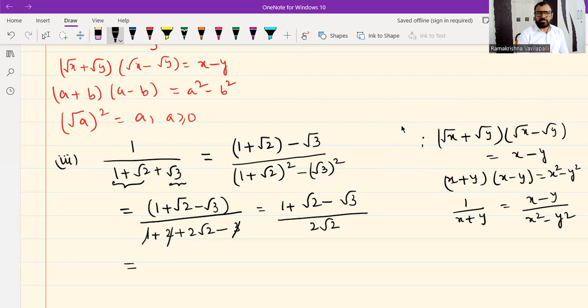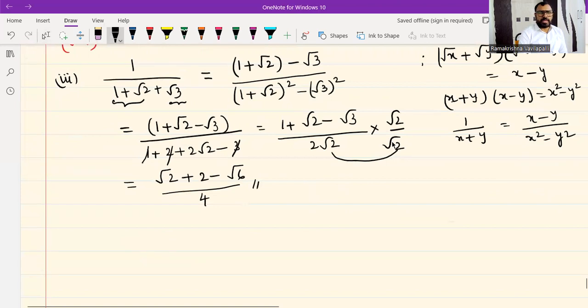Now multiply with root 2 and divide by root 2. So we get root 2 plus 2 minus root 6 whole by root 2 into root 2 is 2, 2 into 2, 4. This is simple.